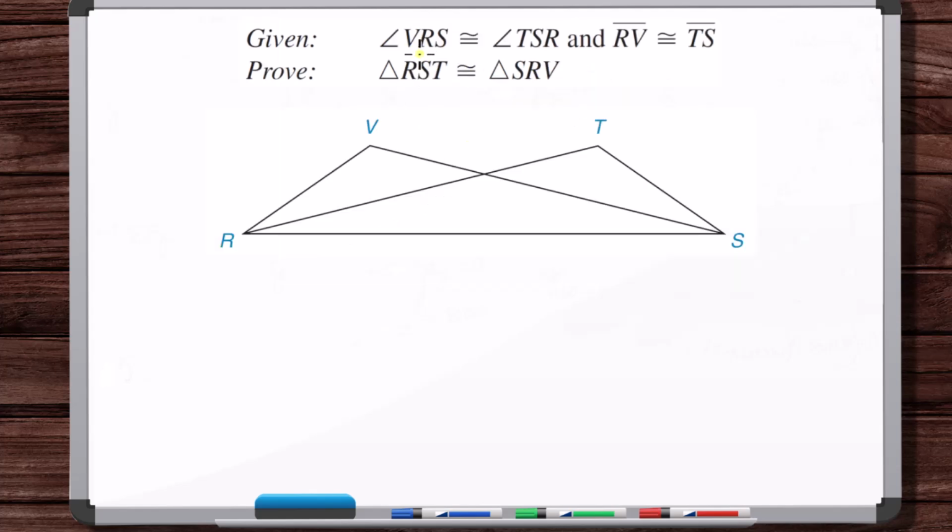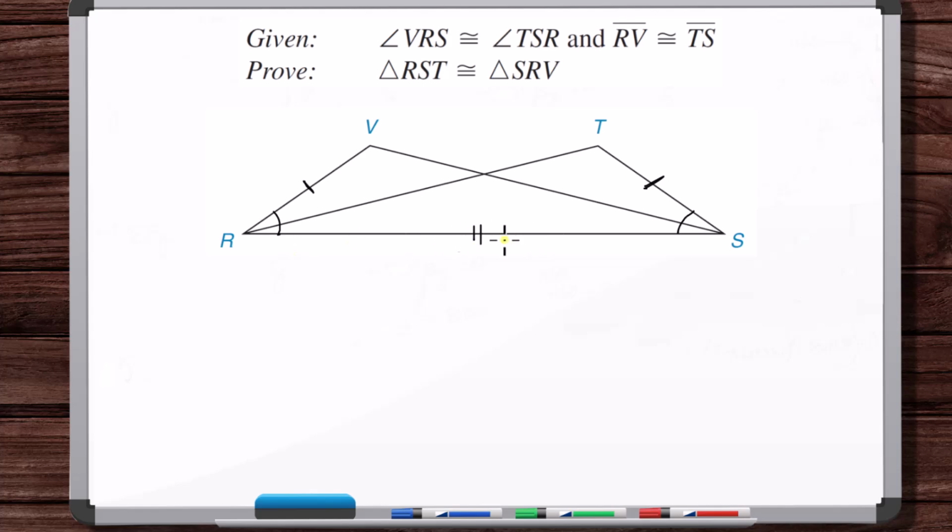Okay, given angle VRS is congruent to angle TSR. And segment RV is congruent to segment TS. Show that triangles RST and SRV are congruent. Well, they have a common side here, side RS.